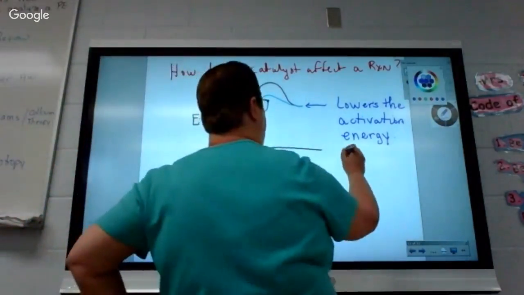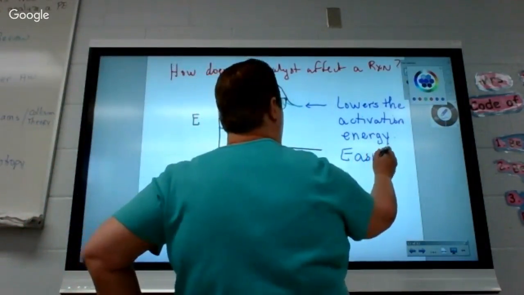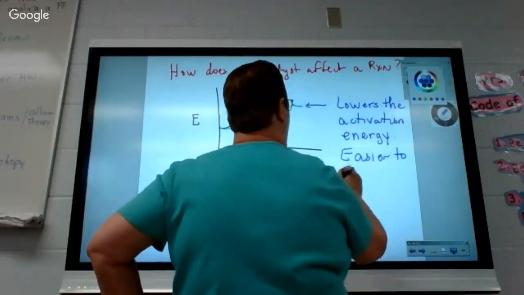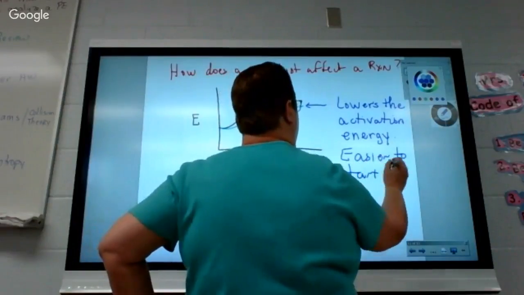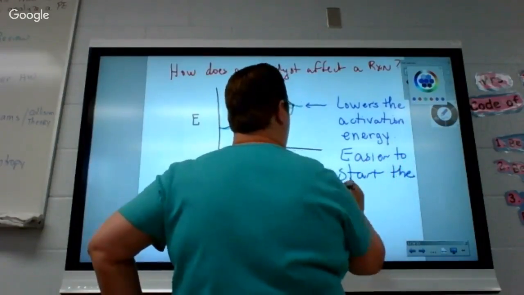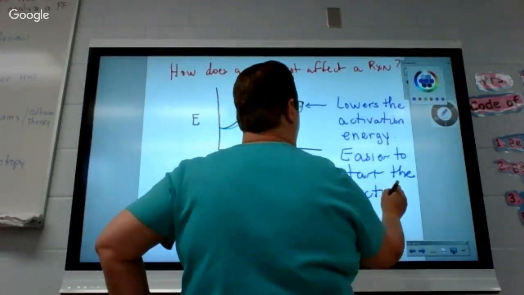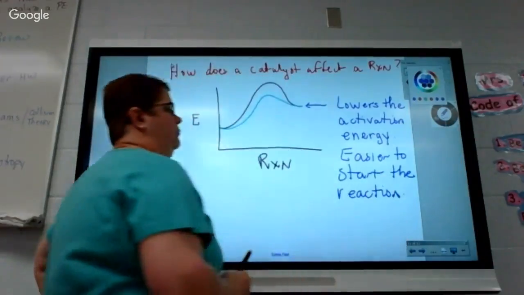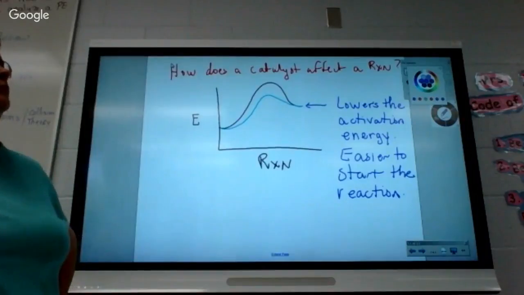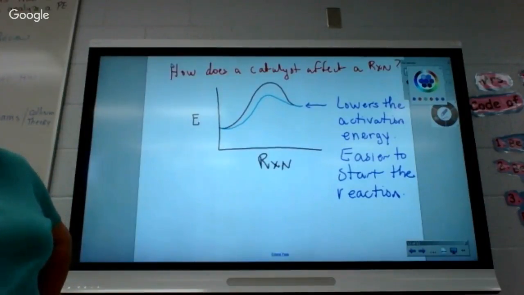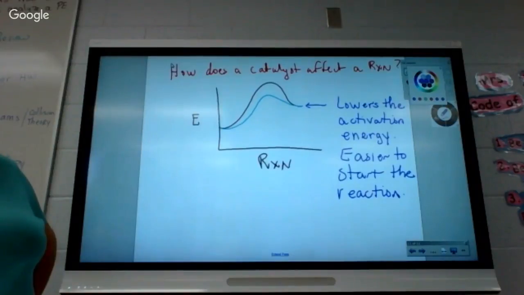It makes it easier to start the reaction. How does a catalyst affect a reaction? It lowers the activation energy and it makes it easier to start the reaction.